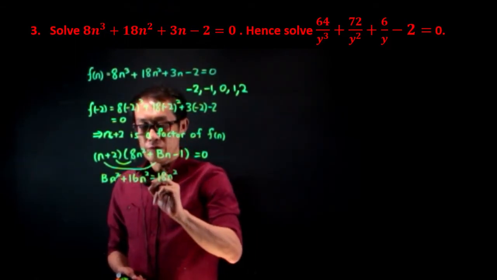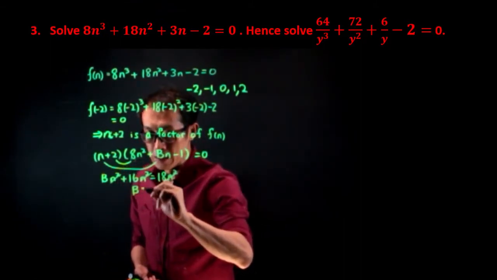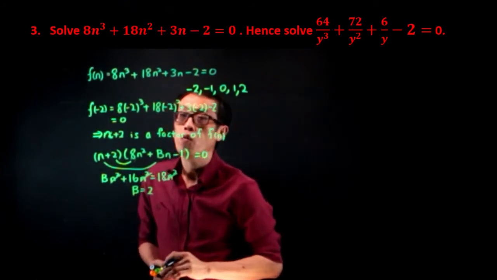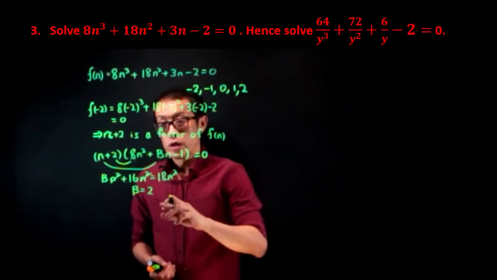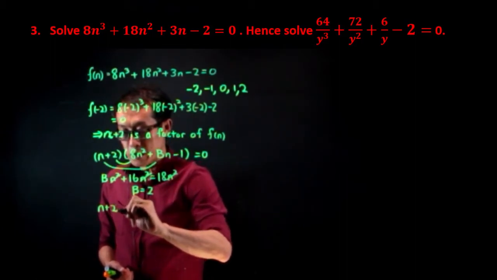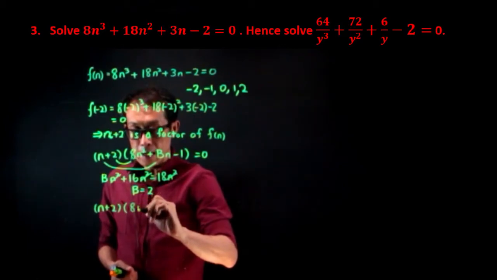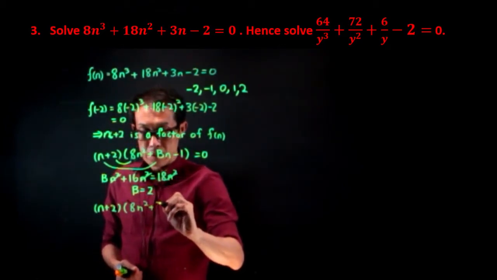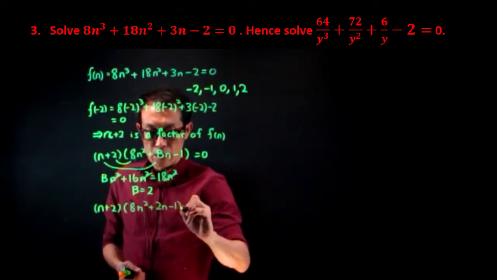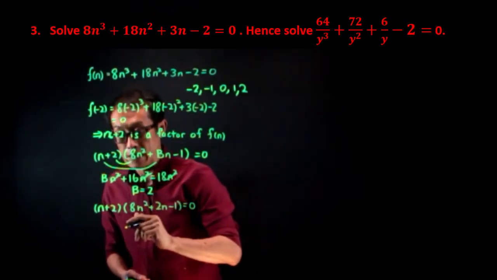You cancel off the n squared, then you get b equals 2. Okay, then you put b back. So now your equation can be written as n plus 2 into 8n squared plus 2n minus 1 equals 0.